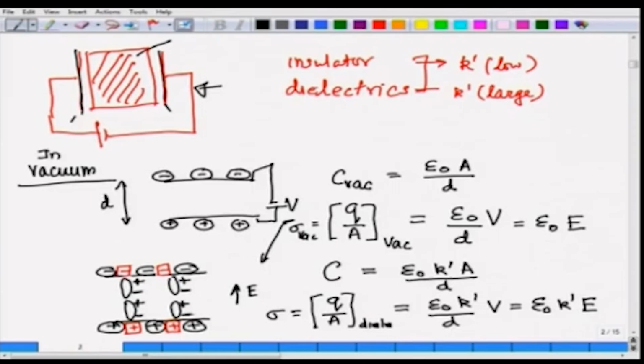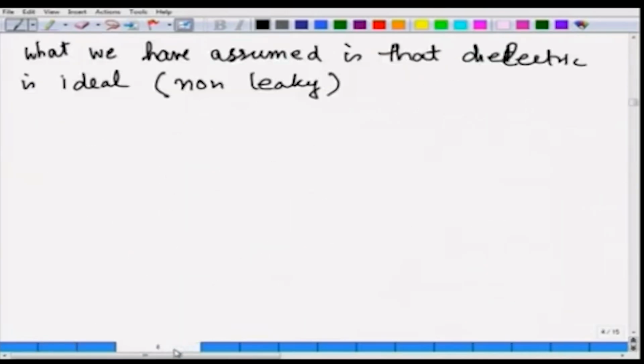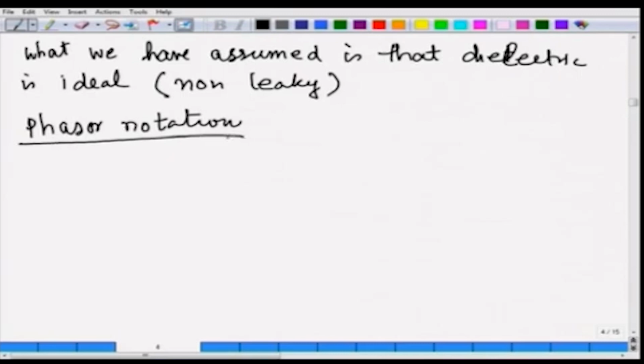What happens in that case? That is what we want to establish now: how do we deal with such situations. Now, I will introduce you to what is known as phasor notation, which you would have done before also.